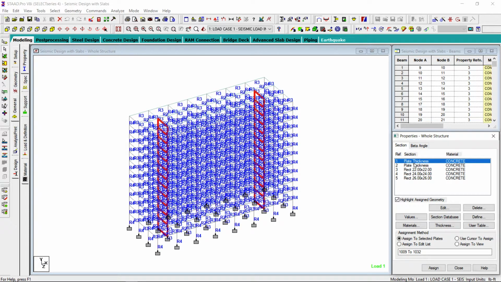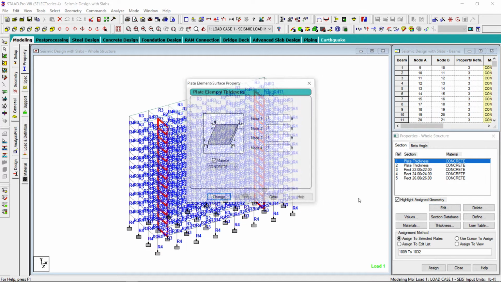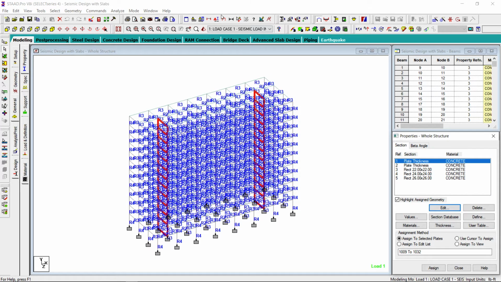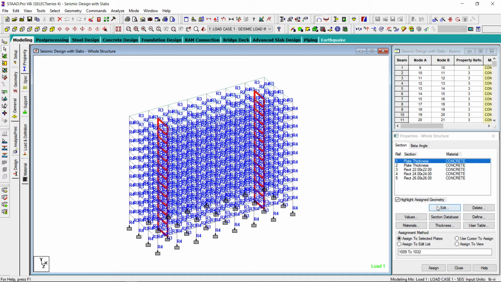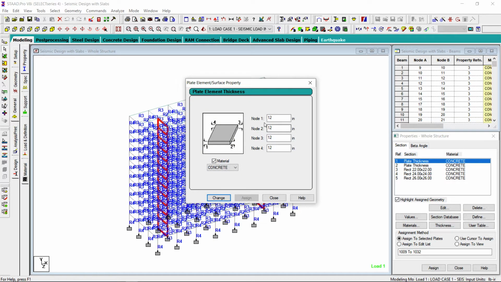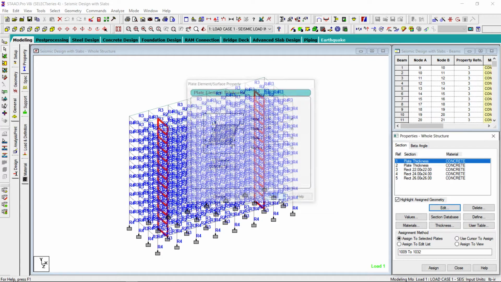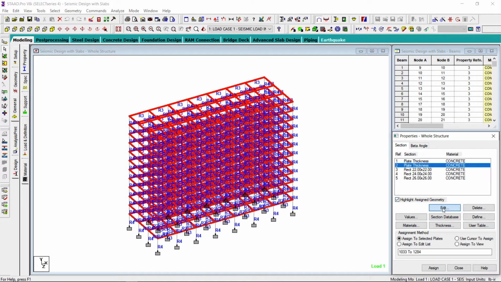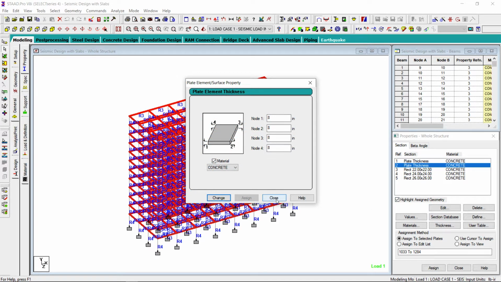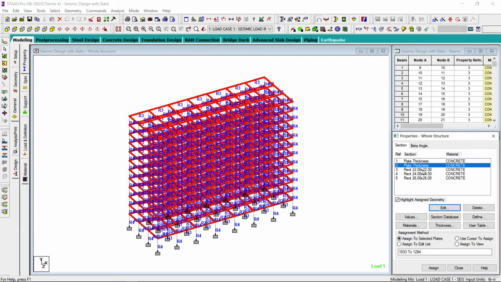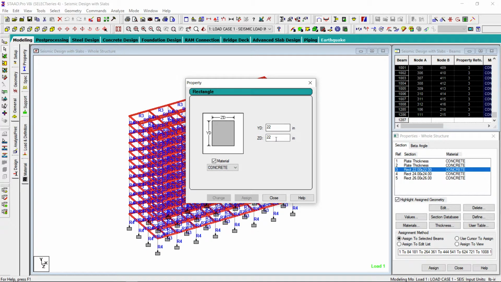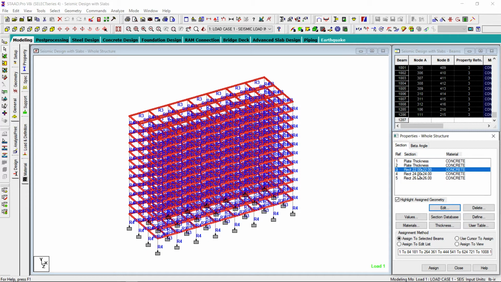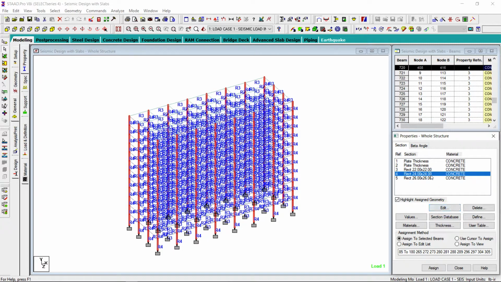Like this, wall thickness is 12 inch, no change. Plate thickness 8 inch, that is the slab thickness, no change. These are the beams, 22 by 22, I revised. These are the columns on the periphery.